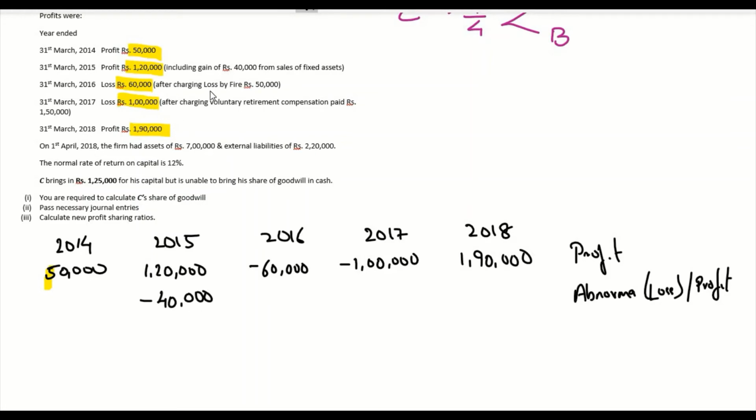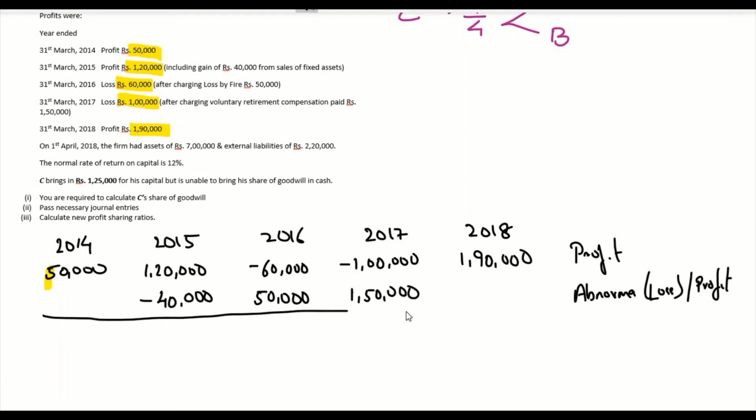On 2016, after charging loss by fire, so here there is an abnormal loss. If there is an abnormal loss, we have to add it. On 2017, they mentioned after charging voluntary retirement compensation paid rupees 1,50,000. So that's again a loss. So we will add it, 1,50,000.